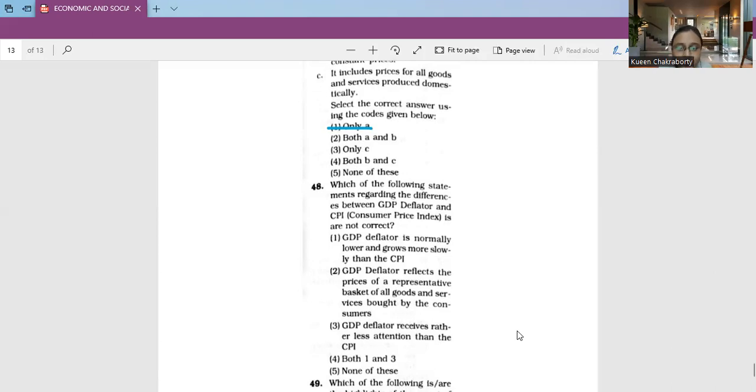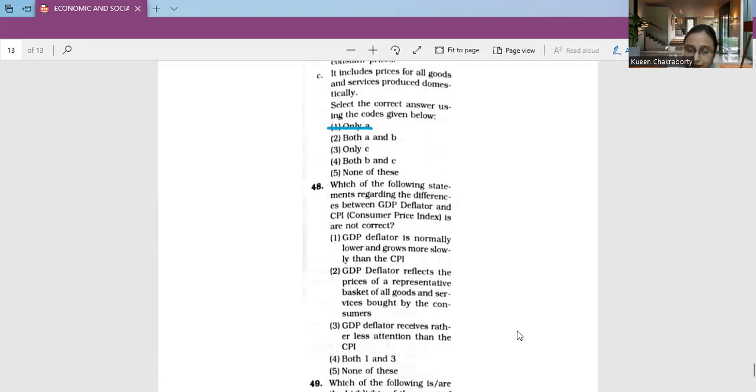That is, GDP deflator reflects the prices of a representative basket of all goods and services bought by the consumers. This is not correct, because the GDP deflator reflects the prices of all goods and services produced domestically, whereas the CPI reflects the prices of a representative basket of all goods and services bought by consumers.